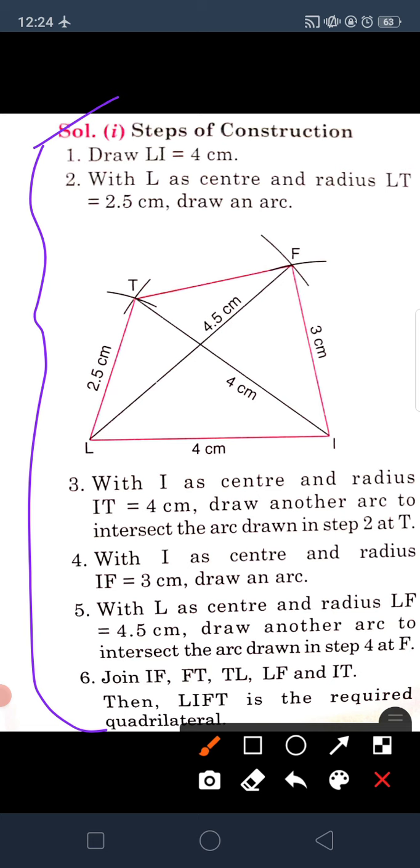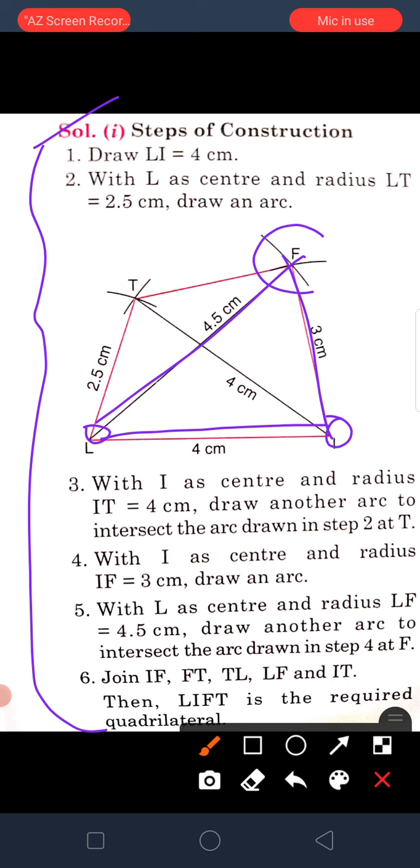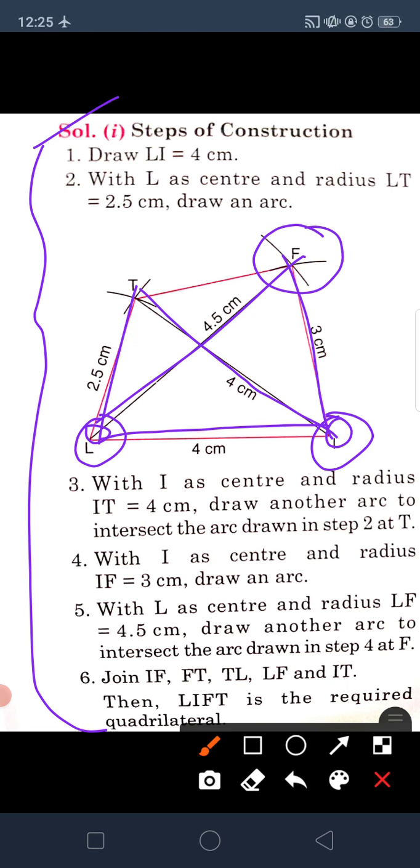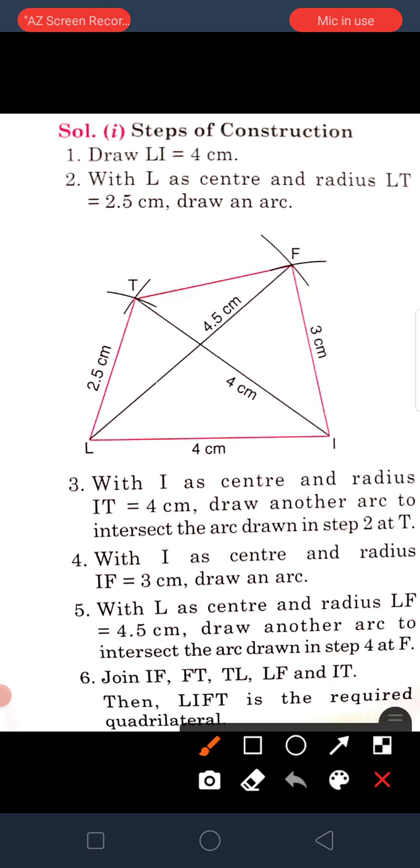First we plot the first side LI, and using L and I as centers, draw arcs of distance 4.5 and 3 centimeter, and they intersect each other at point F. Similarly, taking L and I as centers and arcs of radius 4 centimeter and 2.5 centimeter, we construct the intersecting point T, and we join them to get the closed figure. So using these steps we construct.